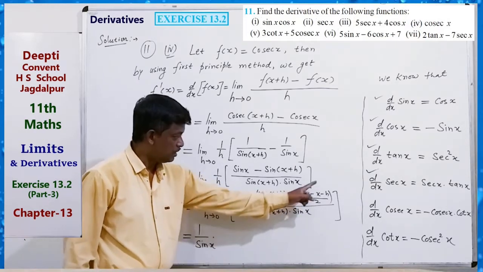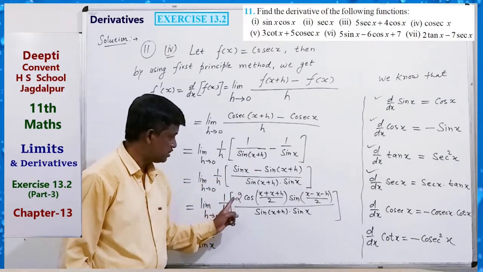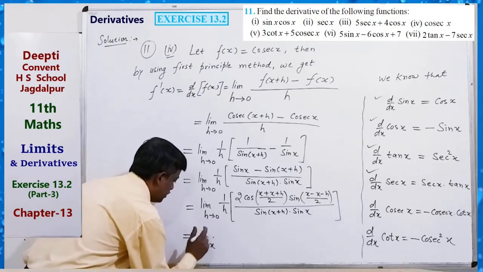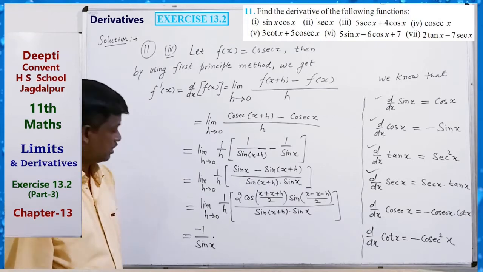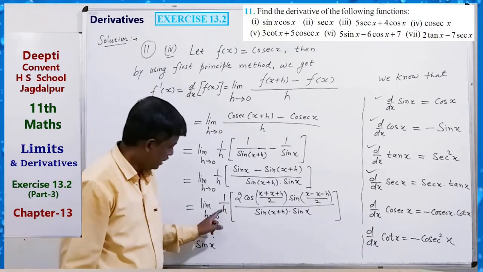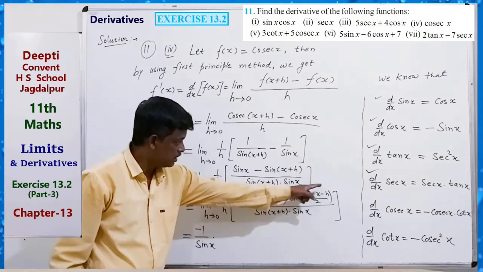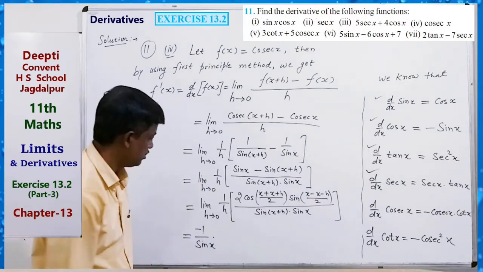So sin of minus h by 2 means minus sin h by 2. So minus minus, so a minus sign will be here. So minus 1 by sin x outside. Now this 2, h by 2 can be written here. So sin h by 2 upon h by 2.